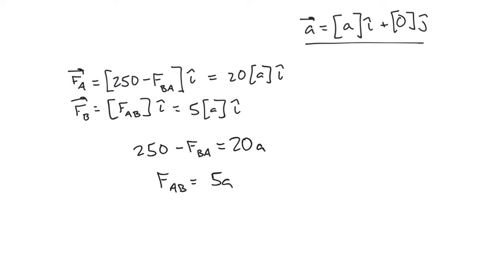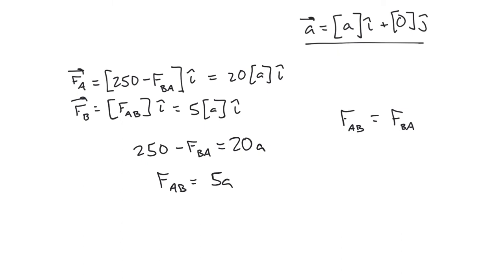Now we had another constraint back there on the free body diagrams. It said that the force of A on B and the force of B on A had to be equal in magnitude but opposite in sign. We have already taken care of the opposite in sign thing because when we plugged them into our forces equations, we made B on A positive and A on B negative.